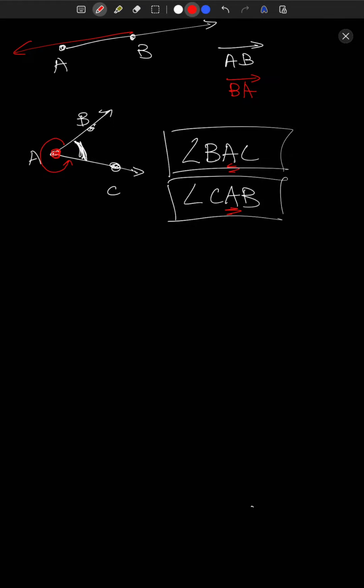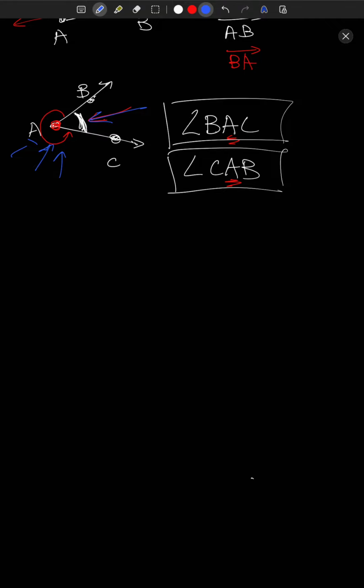So the convention is when we say the angle formed by 2 rays, we generally mean the smaller angle. Unless otherwise noted, we're always going to mean the smaller angle. So when I say angle BAC, I mean this guy as opposed to that guy there, because this guy here is the smaller angle.